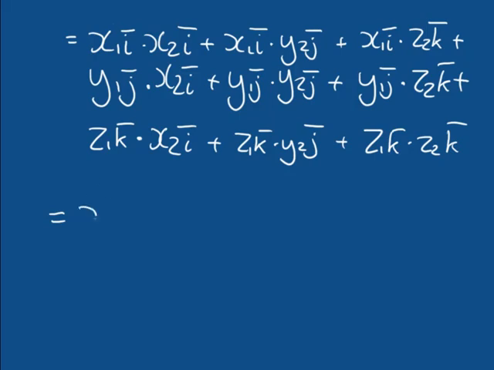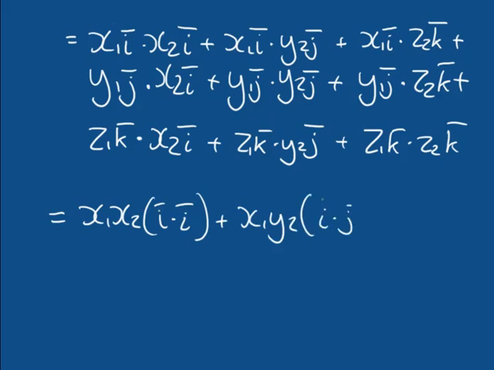So I'm going to rewrite this as x1, x2 multiplied by i dotted with i, plus x1, y2 multiplied by i dotted with j, then x1, z2 multiplied by i dotted with k.